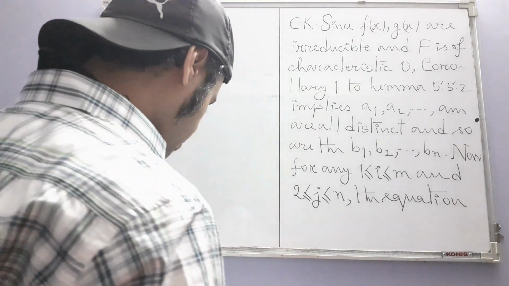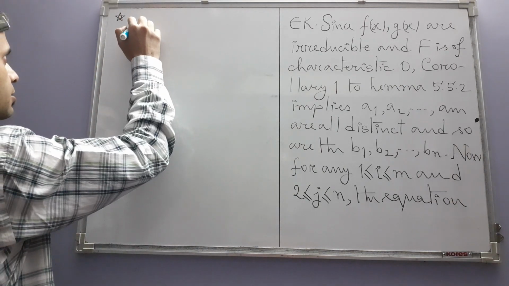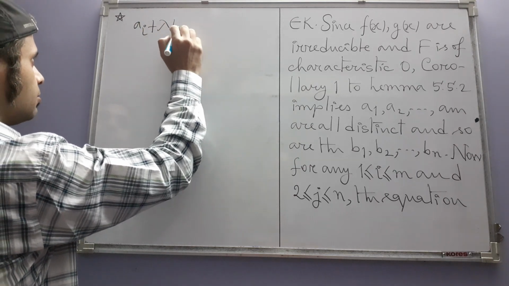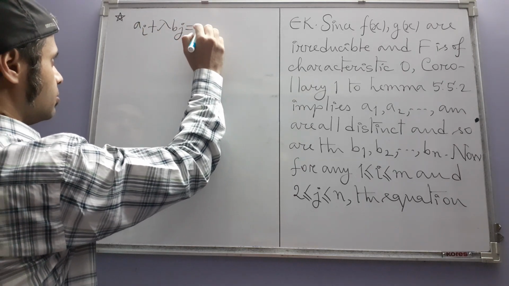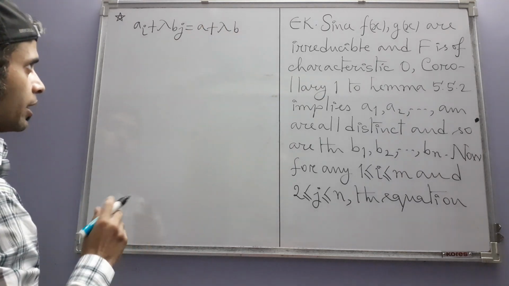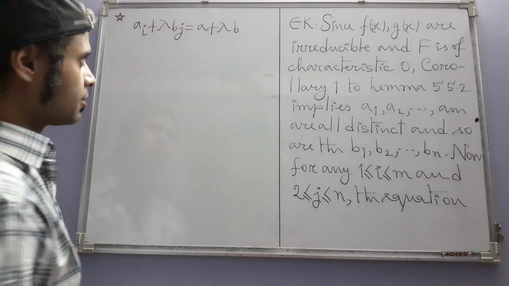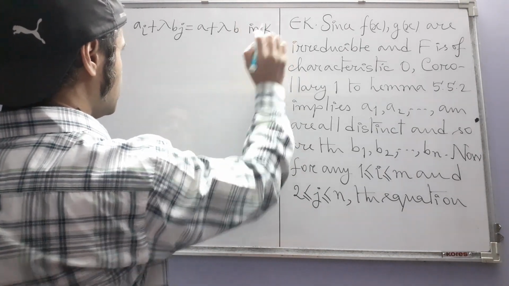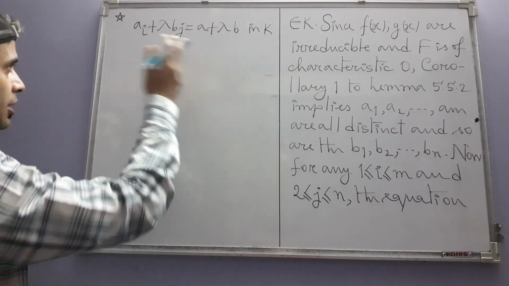And the equation we are going to consider is this: a_i plus lambda b_j equal to a plus lambda b, where of course the unknown is lambda, and the equation is considered to be in K because the elements are in K.